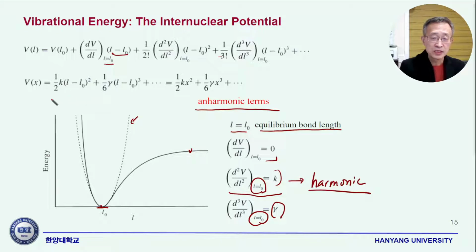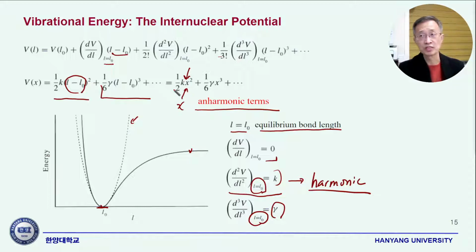With L minus L0 as the deviation, we set that as x, the displacement coordinate. So 1/2 of kx squared plus 1/6 of gamma x cubed, and beyond that are all anharmonic terms.